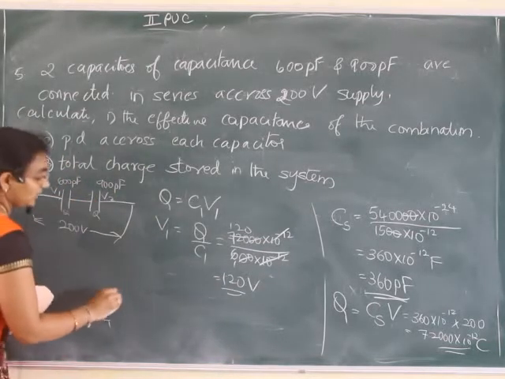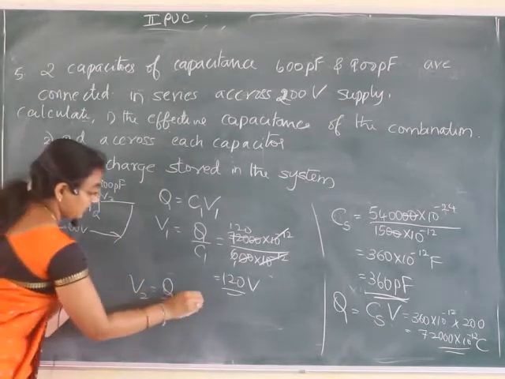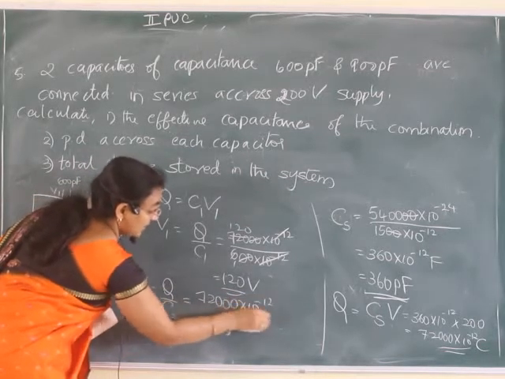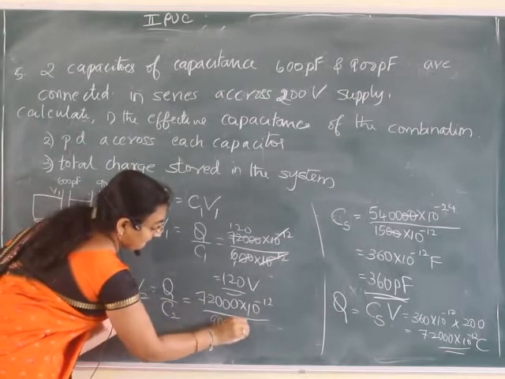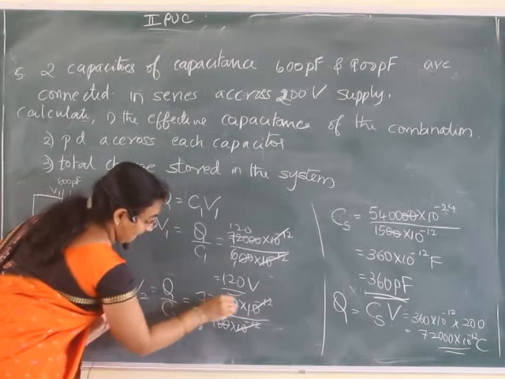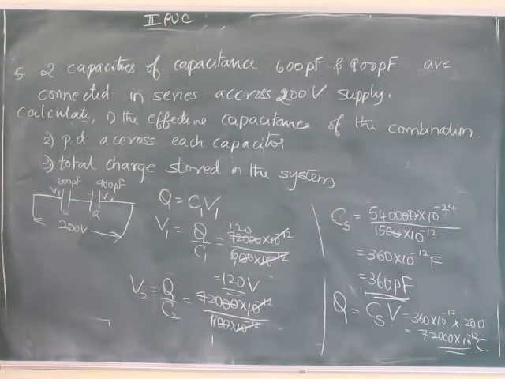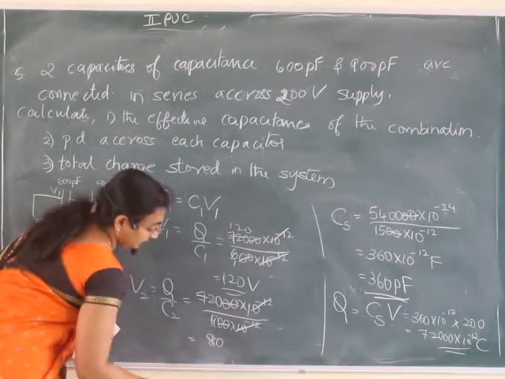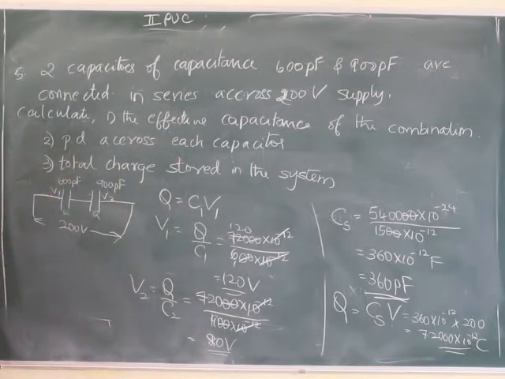For this one, V2 is equal to Q by C2. So 72,000 into 10 to the power minus 12 divided by C2, 900. Nine 8s are 72, so 80 volt. So we have calculated the potential differences also.